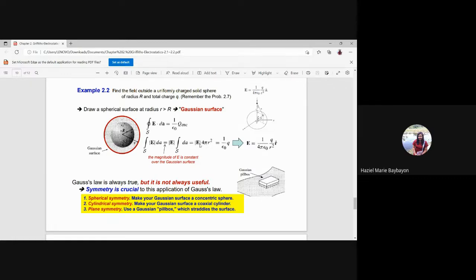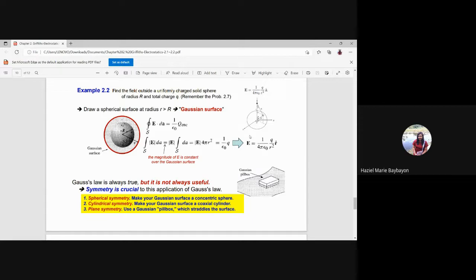Then you multiply this with E and equate it with Q over epsilon naught. So here you can get E equals 1 over 4 pi epsilon naught Q over r squared. So from here, you will get the electric field. So easy. 1 over 4 pi epsilon naught Q over r squared.